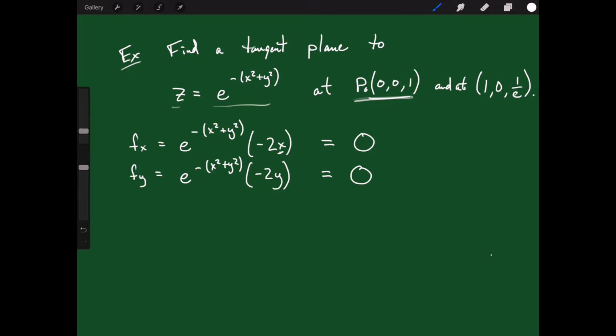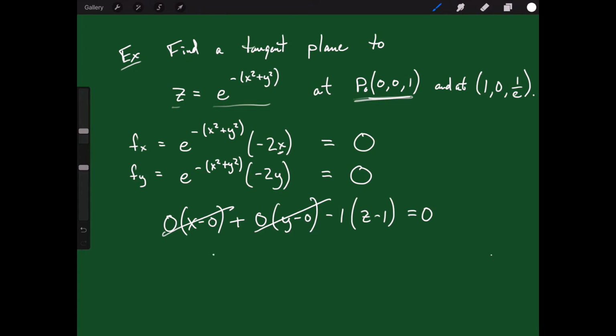So if I'm plugging this into my tangent plane formula, I get 0 times x minus x0, which is 0, plus 0 times y minus y0, which is 0, minus 1 times z minus z sub 0, which is 1, equals 0. So this guy just goes away, this guy just goes away, and I'm left with negative z plus 1 equals 0, or if you wanted to kind of rewrite that, that's z equals 1.